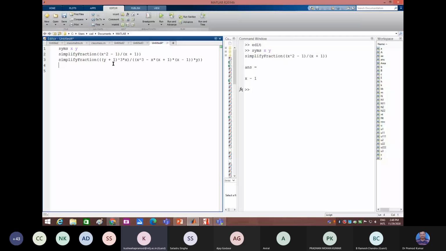It is a difficult expression, and we want to simplify this. Then you can see here, just use this command.